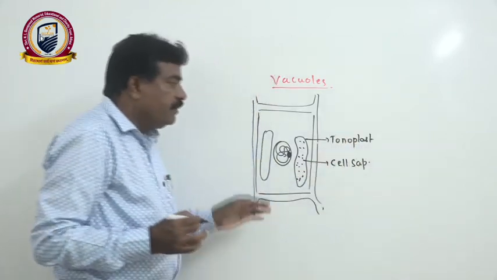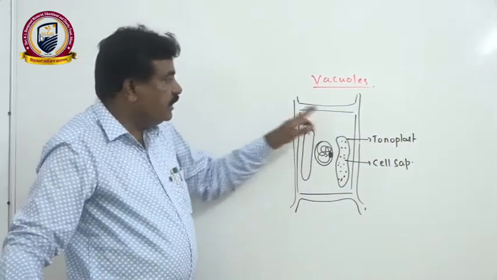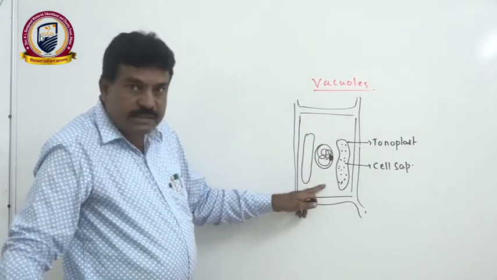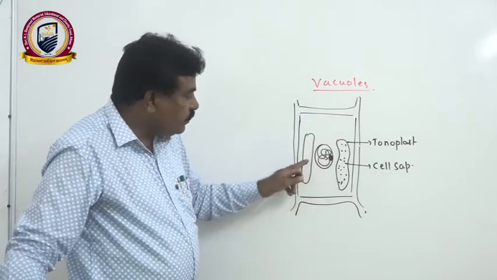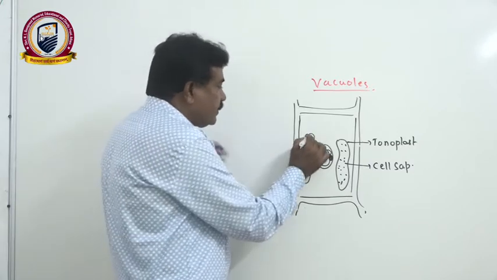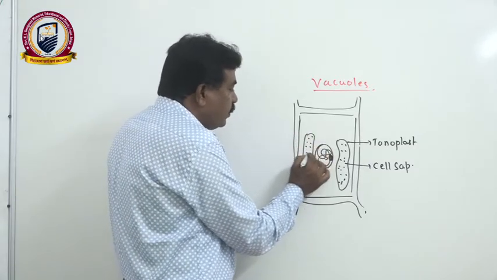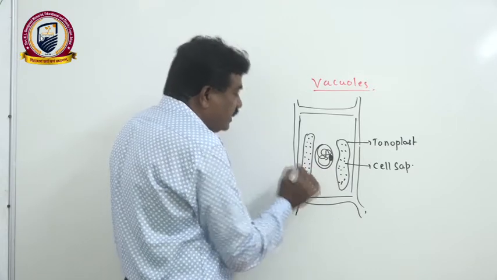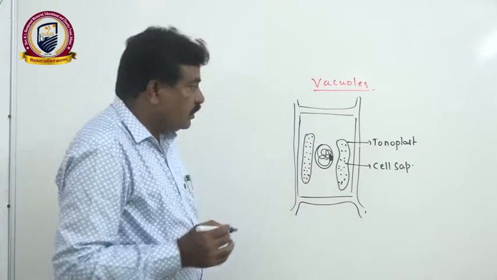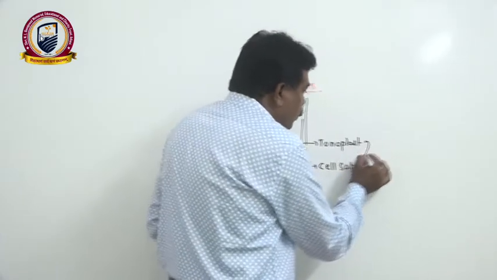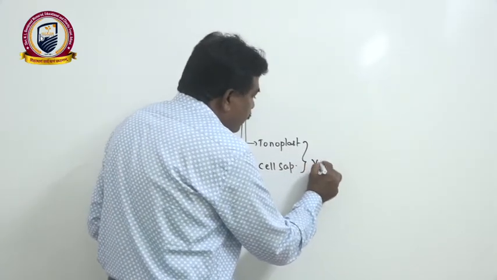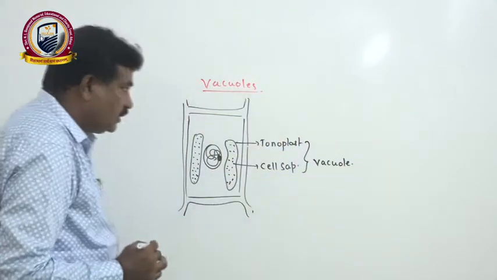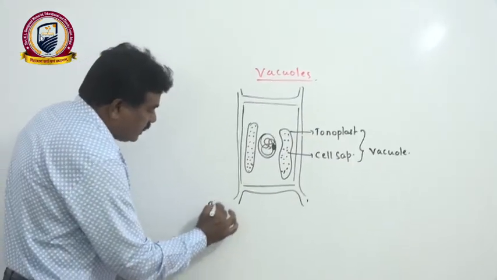Therefore, when you draw a plant cell, we put a dot here for the cytoplasm. Hence, we kept that empty space, but actually the vacuole is not empty, it is filled with cell sap. This cell sap and tonoplast together form the vacuole.